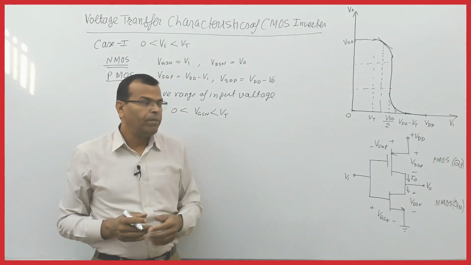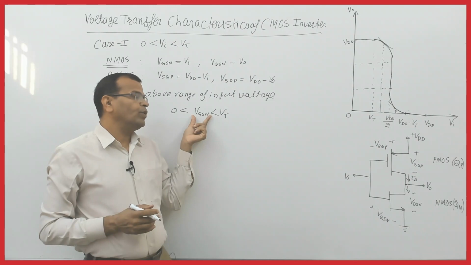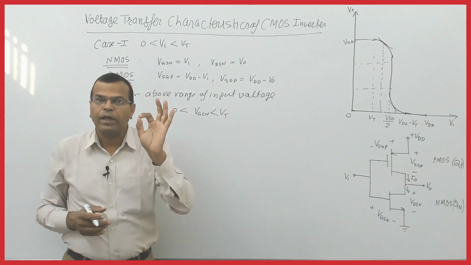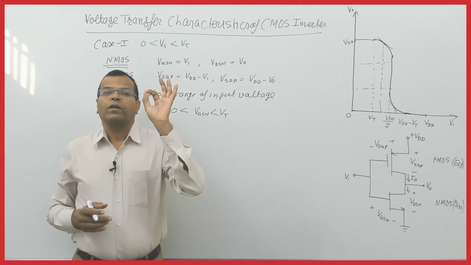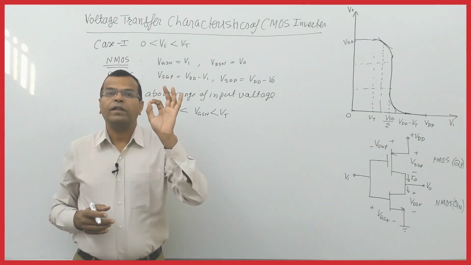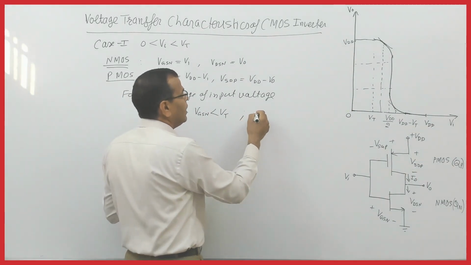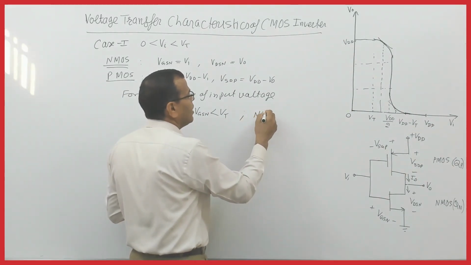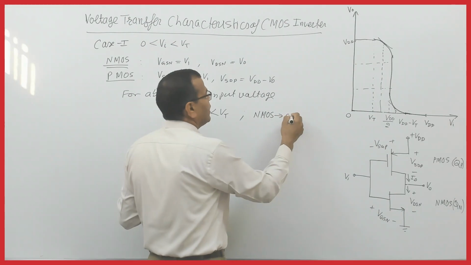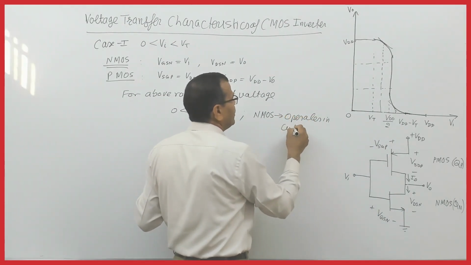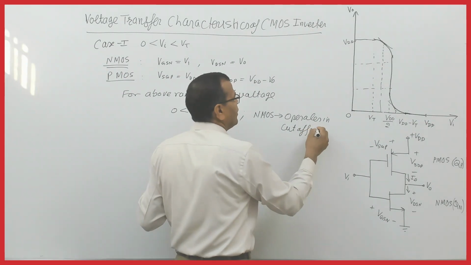And remember, if the gate to source voltage is less than the threshold voltage, that means your MOSFET is in the cutoff region. So here NMOS operates in what? It operates in the cutoff region, right?